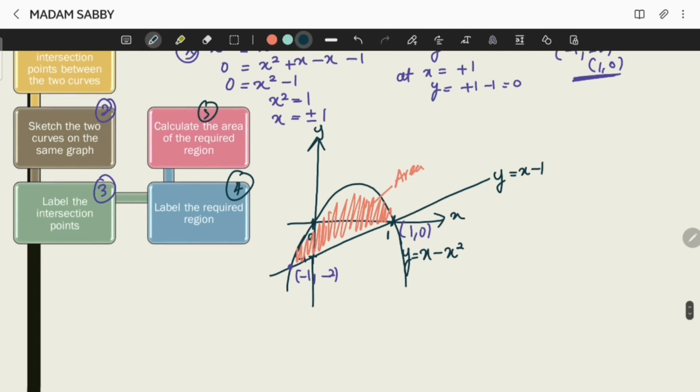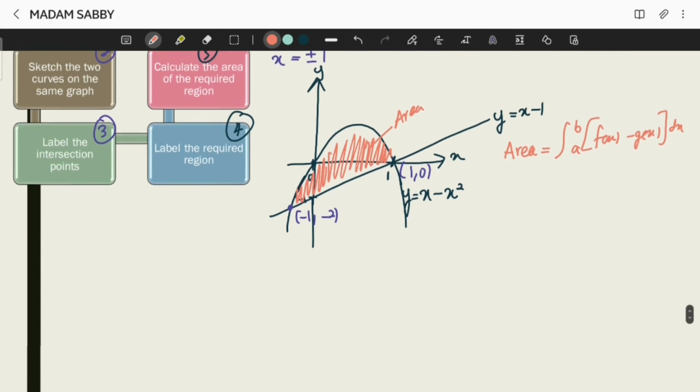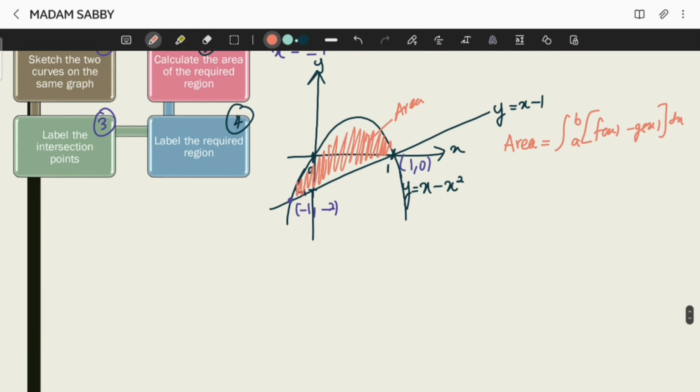For the area of the required region, we're going to use the general formula: area equals the integral from a to b of f(x) minus g(x) dx, or y1 minus y2 dx.